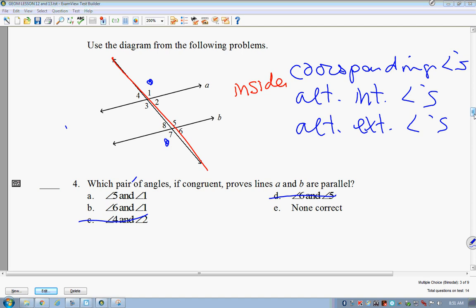Okay, which would fit that right there. Okay, so would 4 and 6. Those are alternate exterior angles. Okay, alternate interior are 2 and 8, or 3 and 5 are alternate interior.